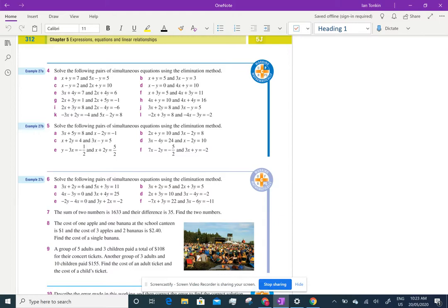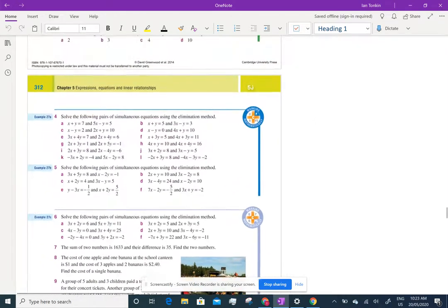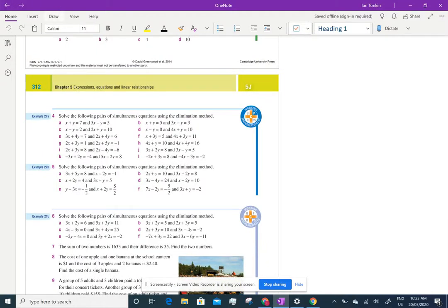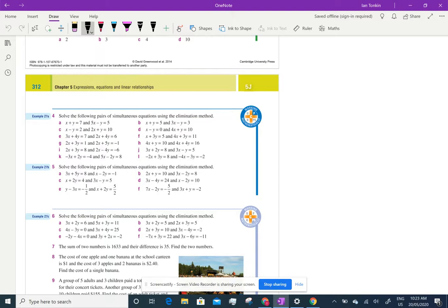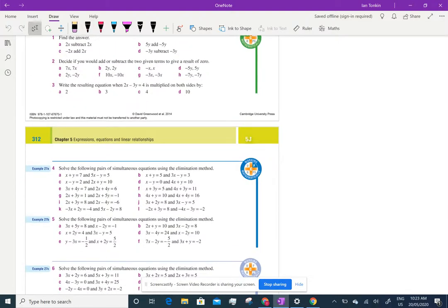So I'm doing 4B, 5B, and 6B to help you through these. Elimination just means eliminating one of these variables, but you need to set the work out in a manner that is logical and neat and easy to follow.